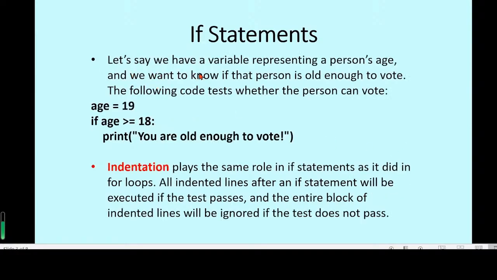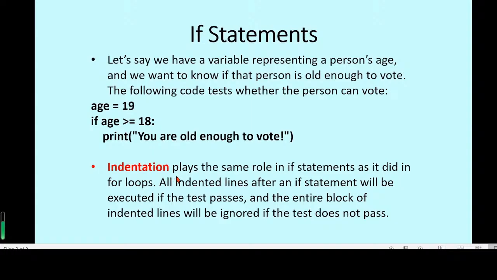So let's say we have a variable representing a person's age, and we want to know if that person is old enough to vote. The following code tests whether the person can vote. Assign 19 to the age variable. This if test checks if age is at least 18, and then the message "You are old enough to vote!" will be printed out.